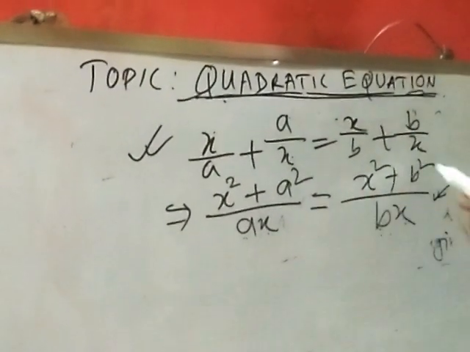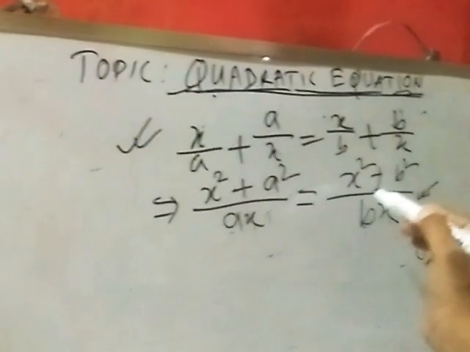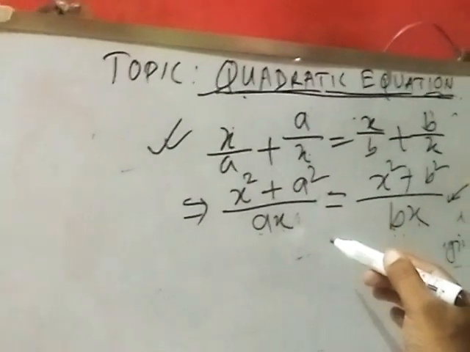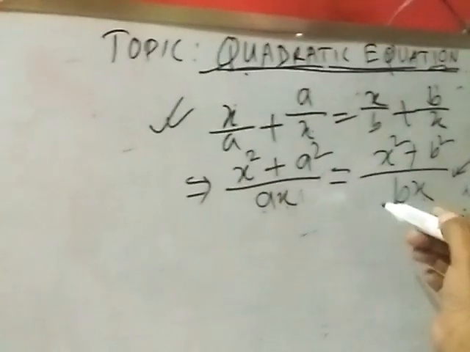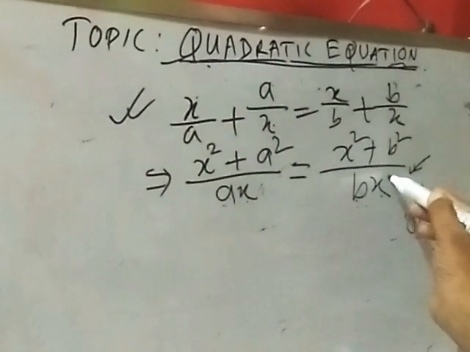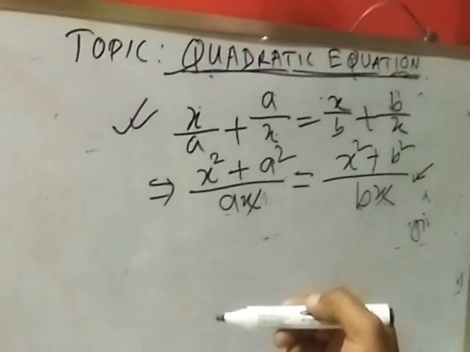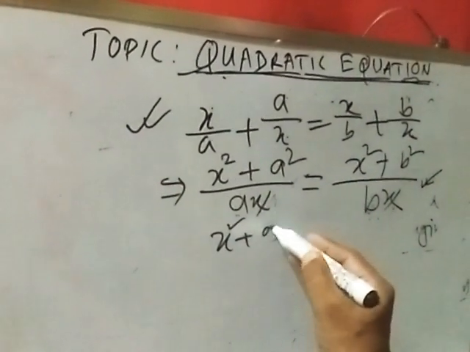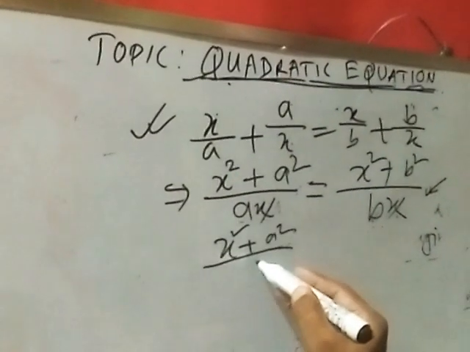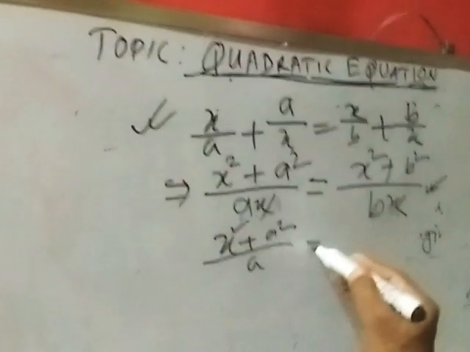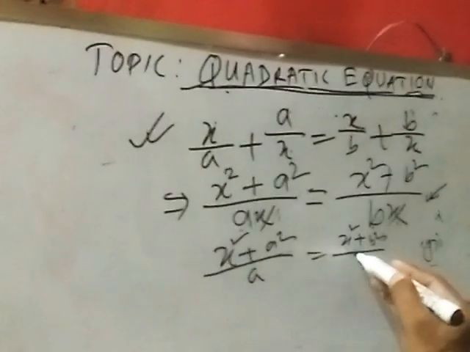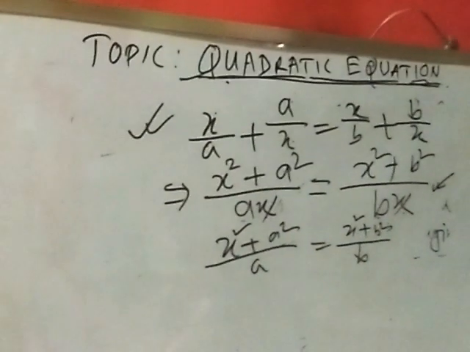Up to this, any doubt? No doubt. Very good. Next, you can cancel this x also. Then (x square plus a square) by a equals (x square plus b square) by b.